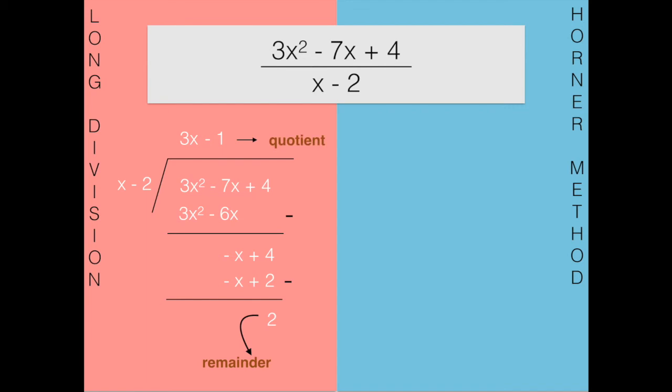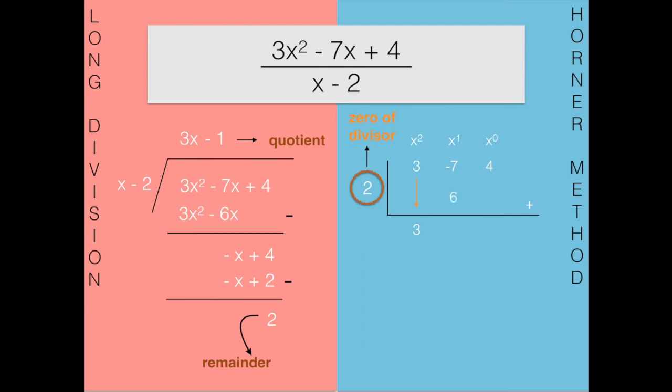Now with the Horner method, first you have to draw a line like this, then you have to insert the x to the power of 2, x to the power of 1, and so on. Then write 2 because 2 is the zero of the divisor. Drag 3 down to the line, and you would get 6. Why do you get 6?